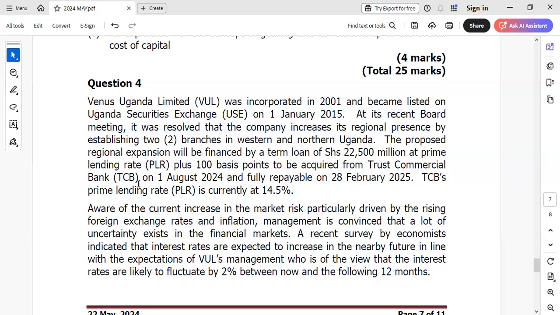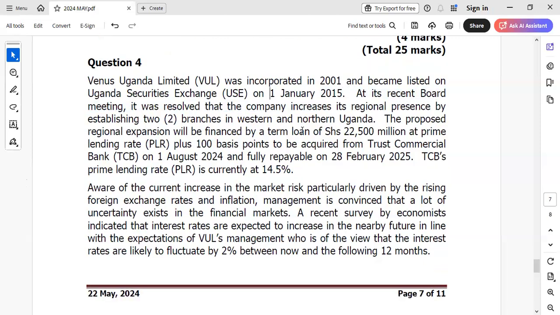At its recent board meeting, it was resolved that the company increases its regional presence by establishing 2 branches in western and northern Uganda.